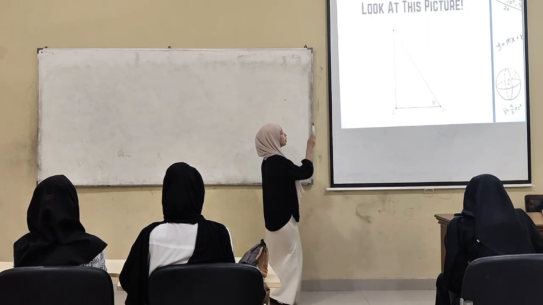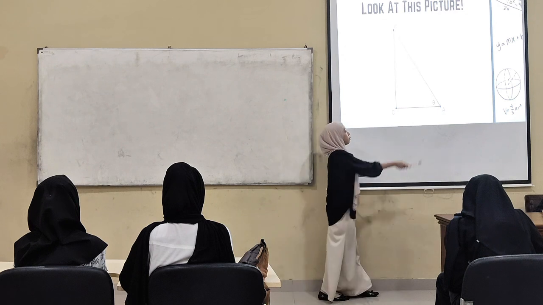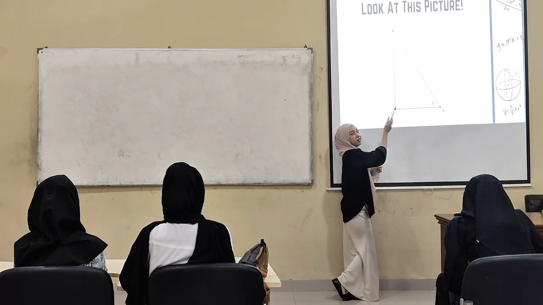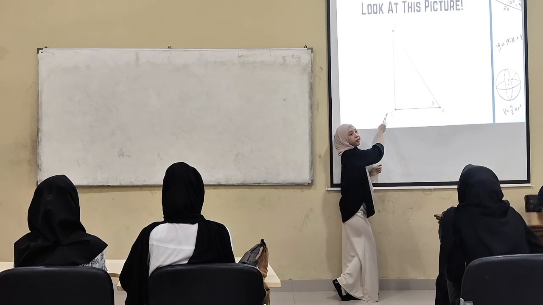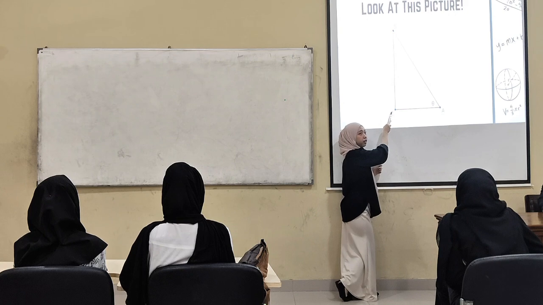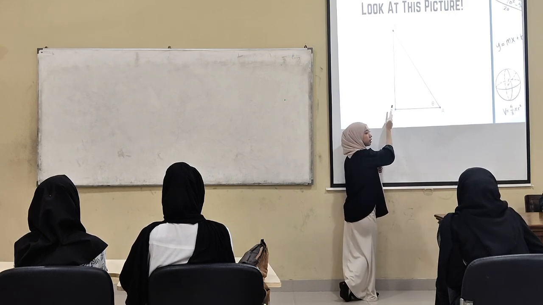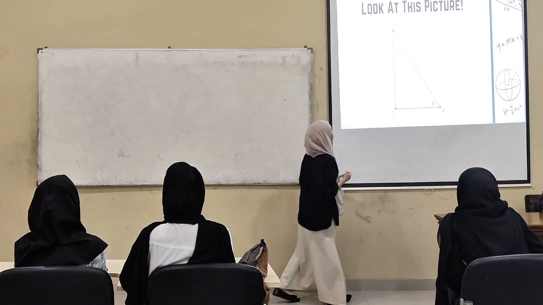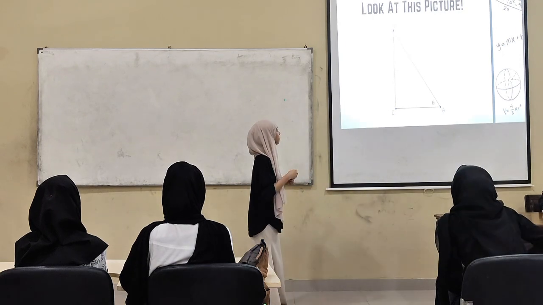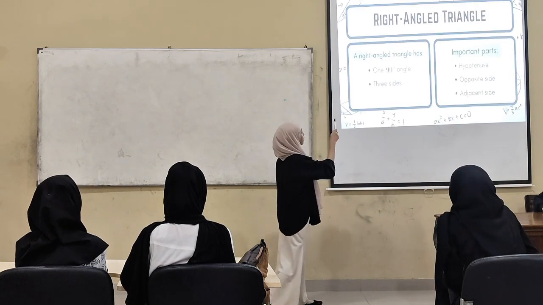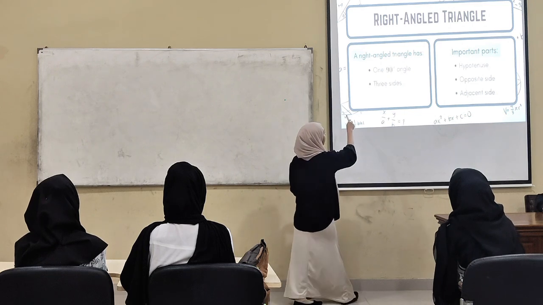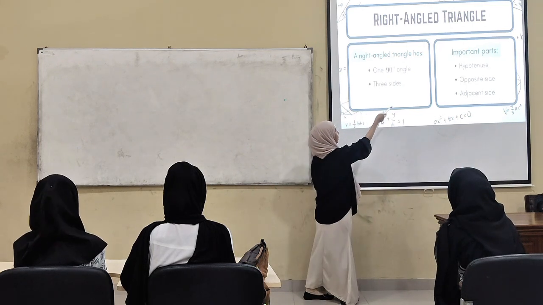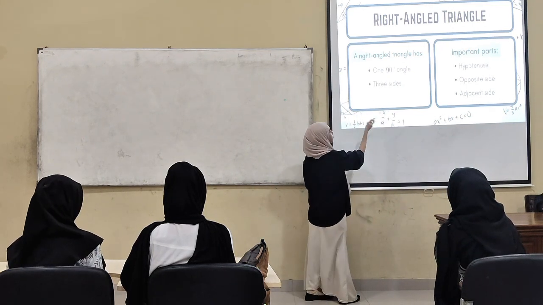Okay, first look at this picture. What shape is this? It's a triangle. A right angle triangle has one 90-degree angle and 3 sides.